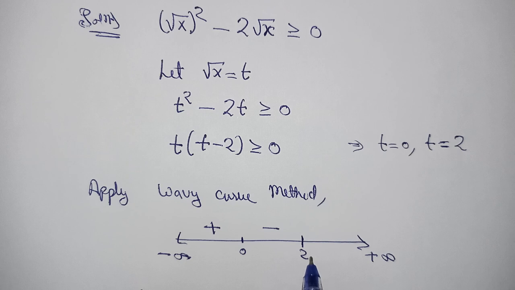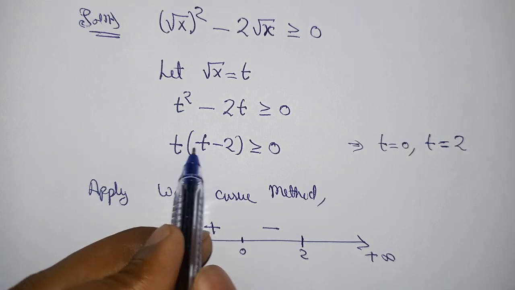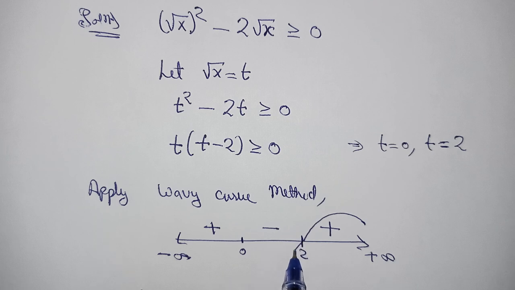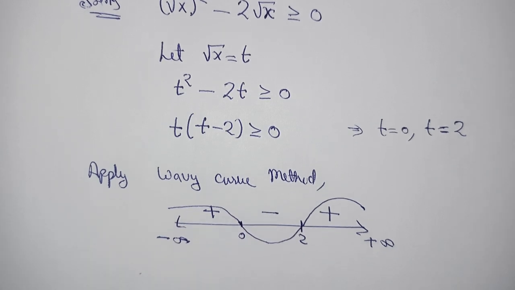And when t is greater than 2, both values are positive, so the whole part is positive. So we can represent a curve: because this is positive, it will be upward, this is negative, it will be downward, and this will be upward, correct?